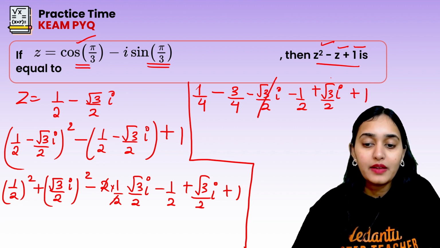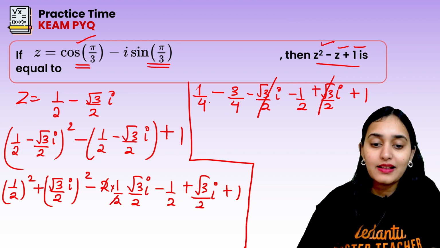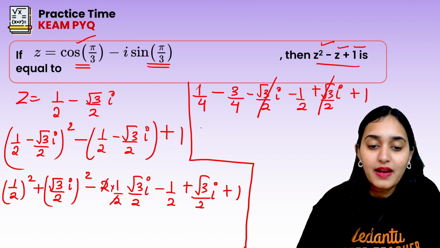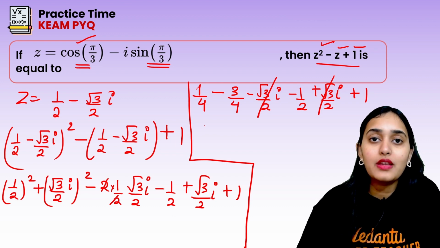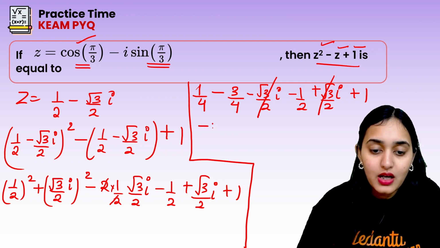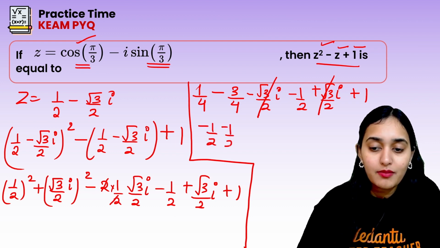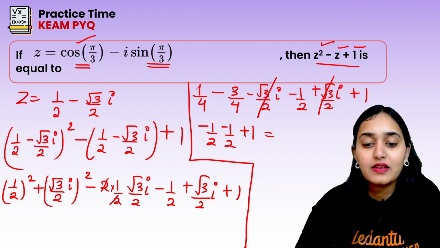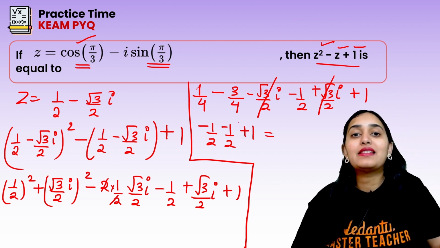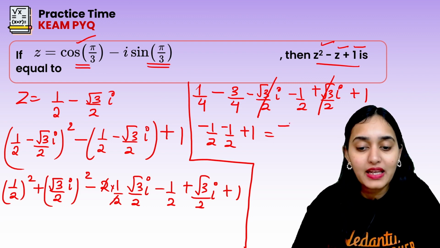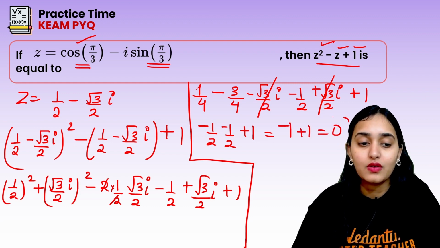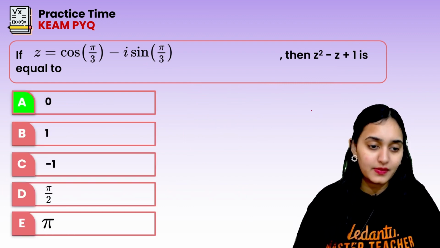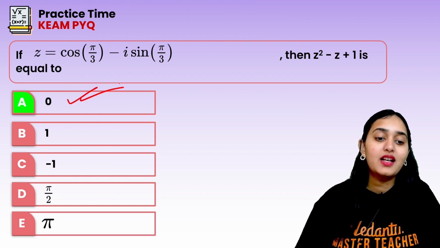So minus root 3 by 2 i plus root 3 by 2 i cancel. 1 by 4 minus 3 by 4 is minus 2 by 4, that is minus 1 by 2. So minus 1 by 2 minus 1 by 2 plus 1. So this is basically minus half and minus half is minus 1, plus 1 is 0. So my answer is coming 0. Okay, so this is the value.